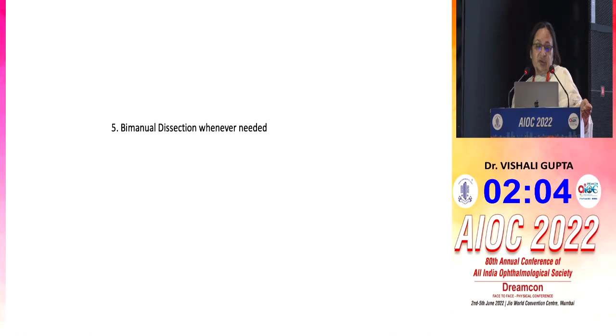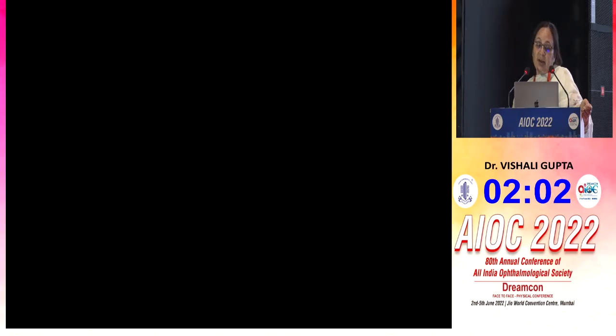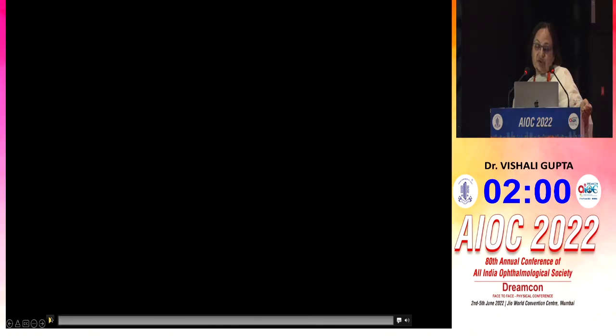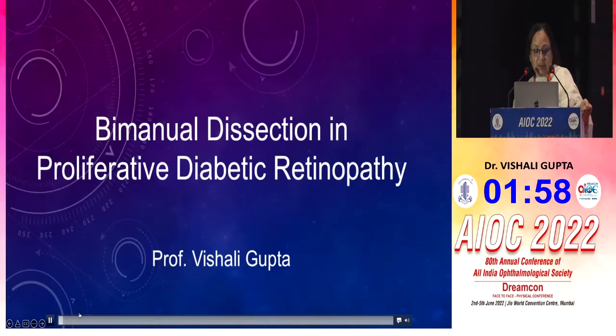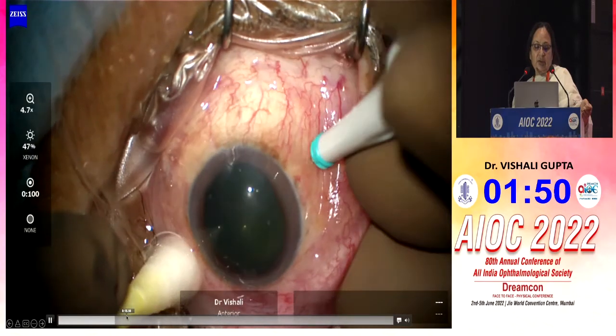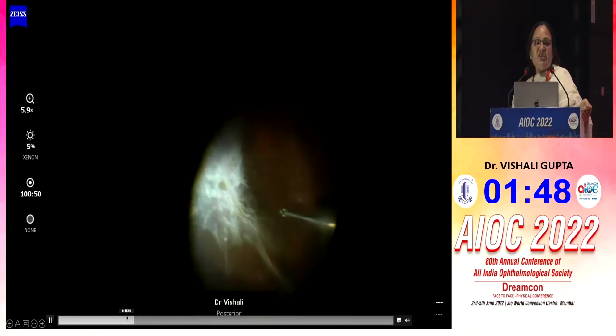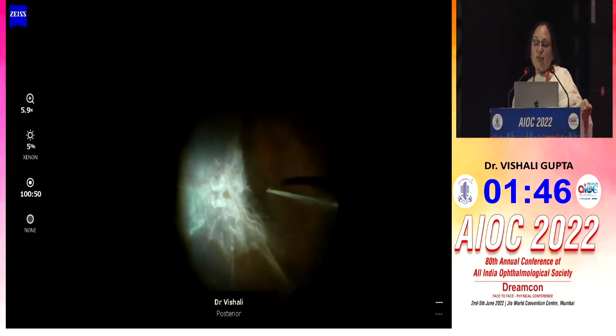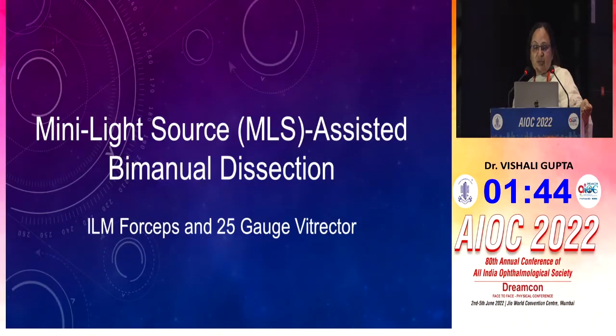And the fifth and the last one is that bimanual dissection, always resort to it whenever you are requiring it. I will show you a short clip here. Now, this is the kind of case where you would need bimanual dissection because the retina is really very firmly adherent.